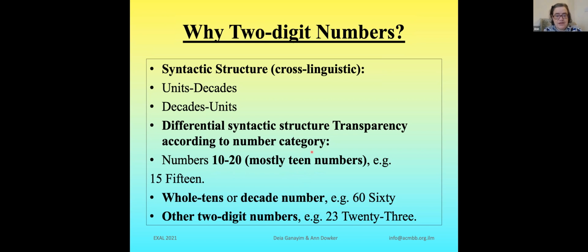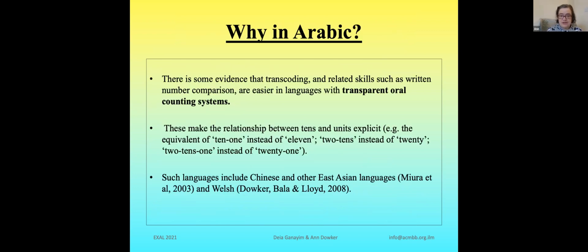The whole tens, or decade numbers, like 60, are pronounced sixty. In Chinese or Japanese, these would be more transparent, the equivalent of ten-five or six tens, but in the languages we've been talking about, English, German, Arabic, Hebrew, they are fairly similar in level of transparency. And then other two-digit numbers include 23, which is pronounced twenty-three in English, but is three and twenty in German and in Arabic. So why are we studying Arabic?